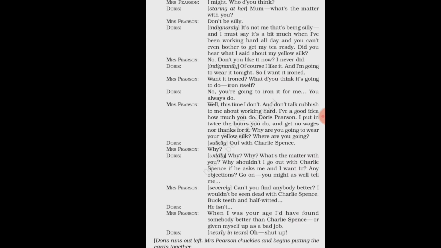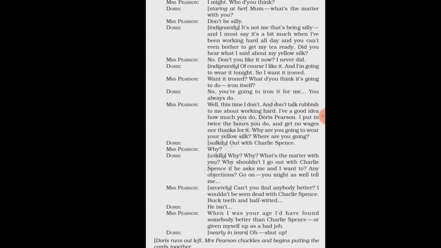Why are you wearing that yellow silk? Where are you going? So Doris says she is going out with Charlie Spence. And Mrs. Pearson says why? So Doris again asks why? What's the matter with you? Shouldn't I go out with Charlie Spence? And if you ask her, she will go. Any objection? Go on. You might as well tell me.